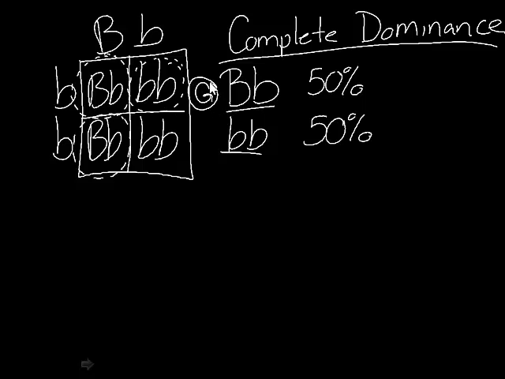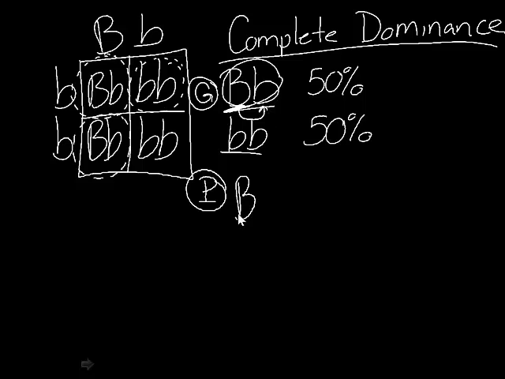That's the genotypic ratio, all right? That's talking about the possible genotypes. And then for phenotypes, which is actually what you're going to see in the child, if you have this genotype right here, what color is it going to give you? It'll give you brown hair, because you have this capital dominant allele, which is going to dominate the other allele.